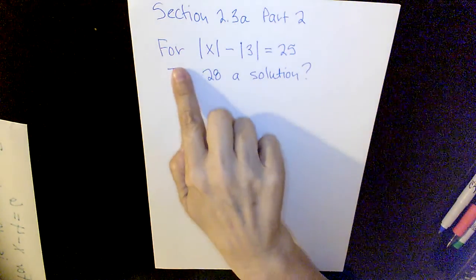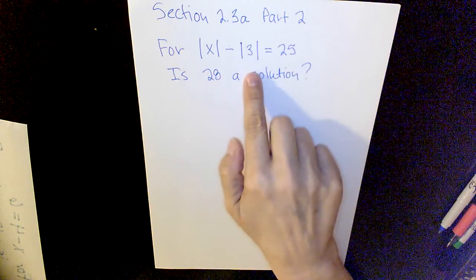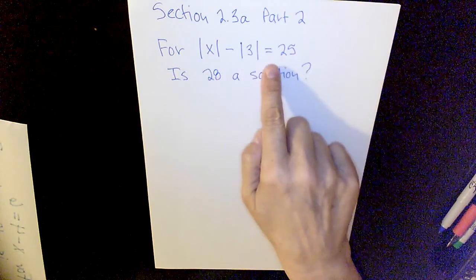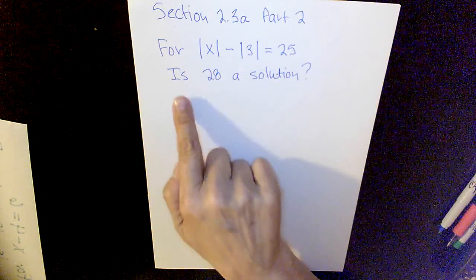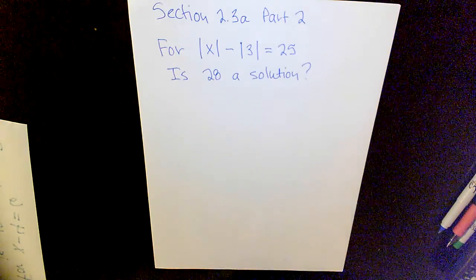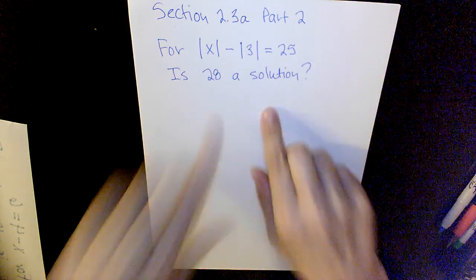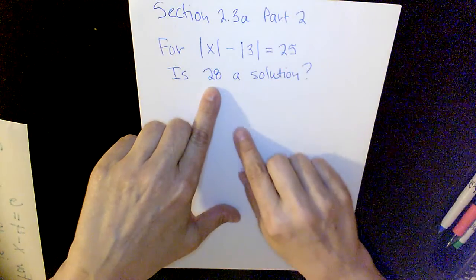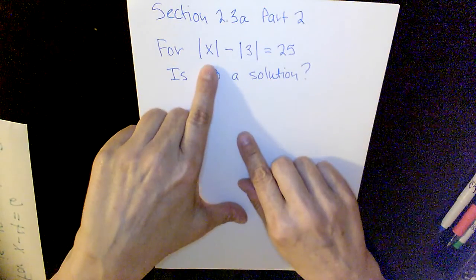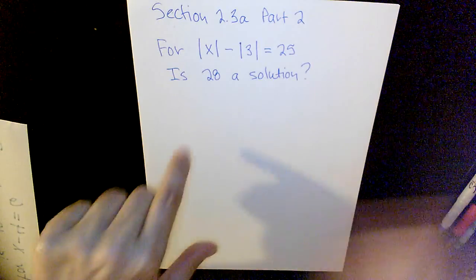So they're asking us in this one, is the absolute value of x minus the absolute value of 3 equal 25? For that equation, is 28 a solution? So what we did in the last problem was we took the value they gave us, and we plugged it in for the x, and we worked it out, and we saw if both sides come out to be equal.